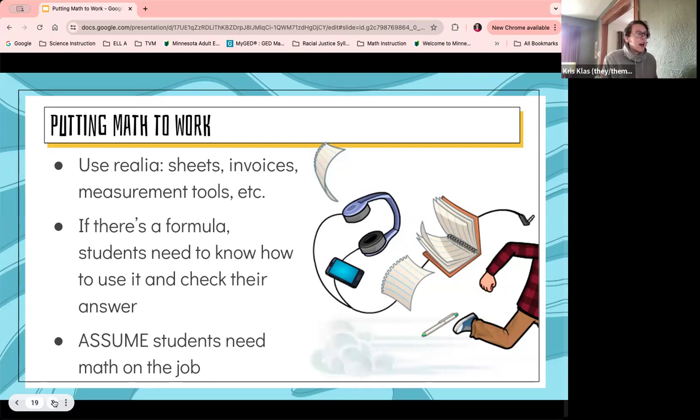And of course, bringing that problem-solving mentality to your work is also a really important thing for employees to be able to do.